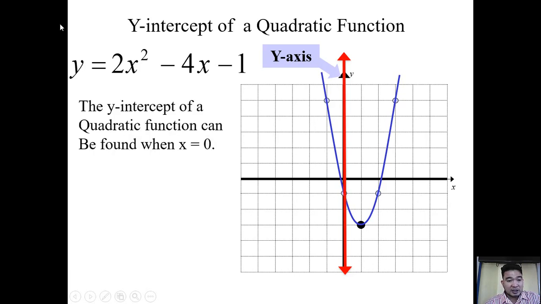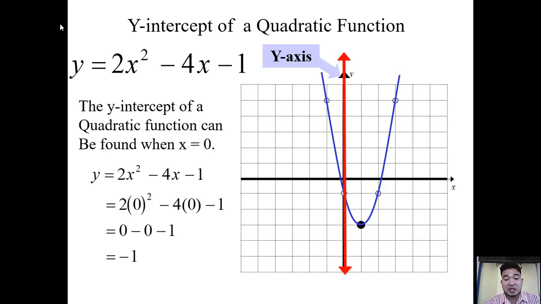The y-intercept of a quadratic function can be found when x equals 0. The same as in the linear function, you can solve for the y-intercept if you set x equals 0.